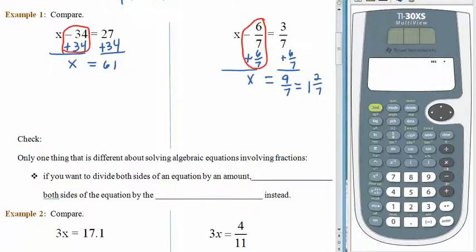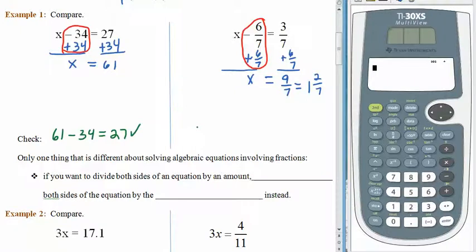Just like before, we can check this. We take our answer and drop it straight into the equation we started with. So we would have 61 minus 34, and make sure that that equals 27, which it does, and it checks. We can do the same thing for the fraction, drop it in for the x, but let's do it in its improper form.